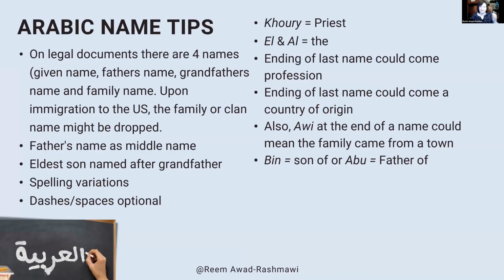Another thing I mentioned earlier is that Arabic names aren't standard in the way they are in English. First of all, most documents from an Arab country have 4 names rather than 3 on them. So they'll have the person's given name, their father's name, their grandfather's name, and then the family name.